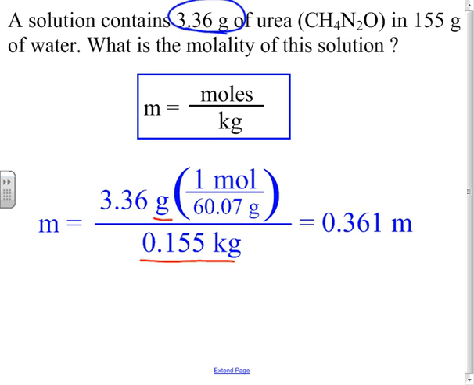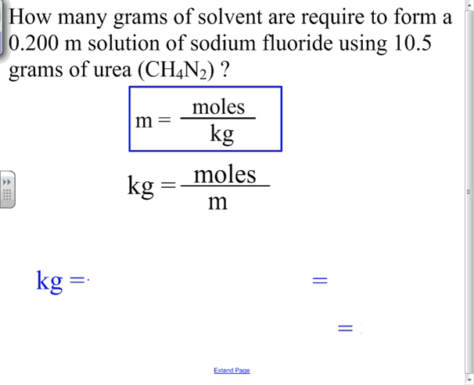That is your molality. This one asks, how many grams of solvent? Key word here is grams of solvent. That is the bottom here. It's moles per kilogram of solvent. So in this problem, we're going to solve for kilograms of solvent, and then we can convert. So algebraically rearranging this equation, we get the number of kilograms equals moles over molality.